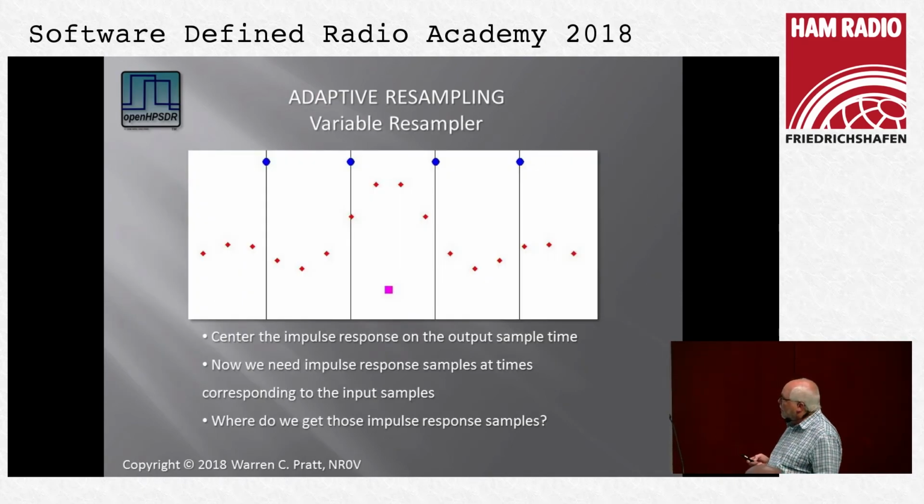The problem in the variable resampler is that we have to generate the impulse response before we know the sample rate. So we still center the impulse response in time where we want the output sample. However, we may not have impulse response samples that line up in time with the inputs. So we have to make those.